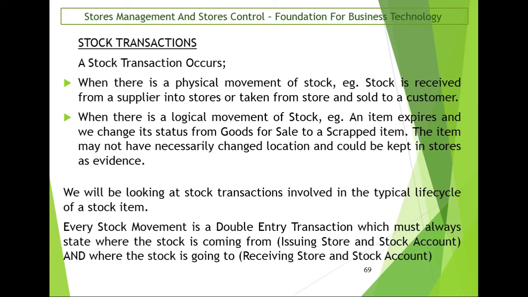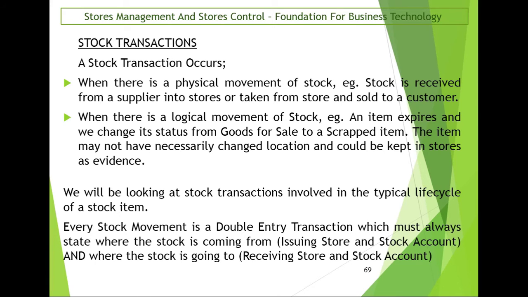In other words, we need to say which is the store which is issuing this item and from which stock account it is coming. Then we also specify which is the store that is receiving this item and into which stock account.